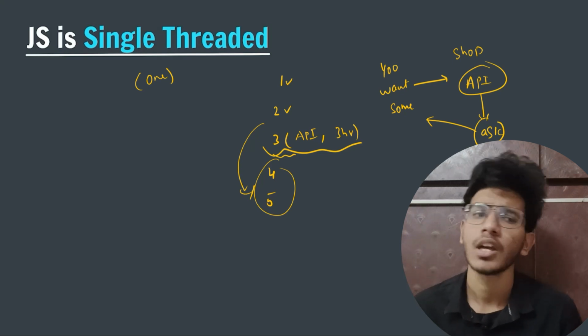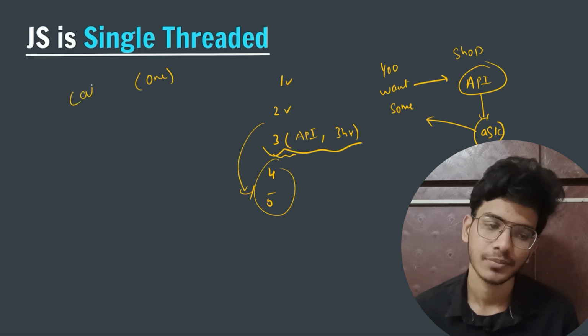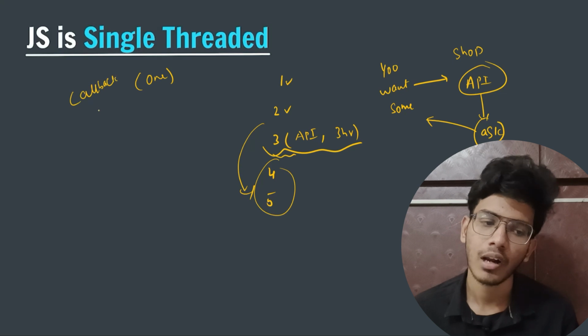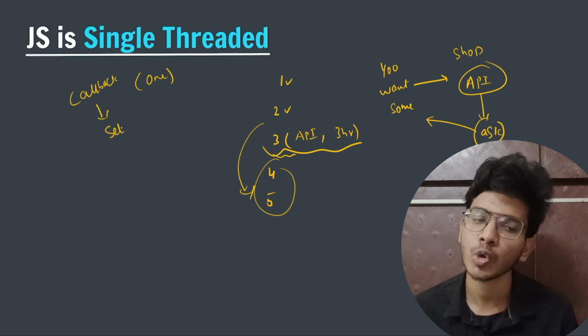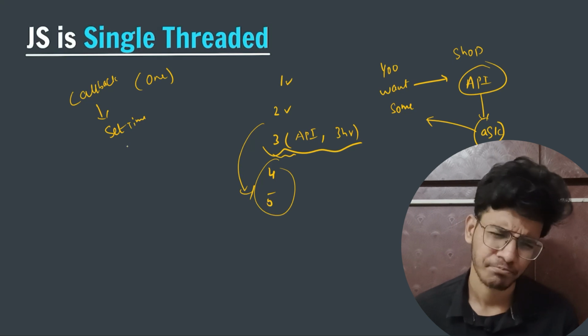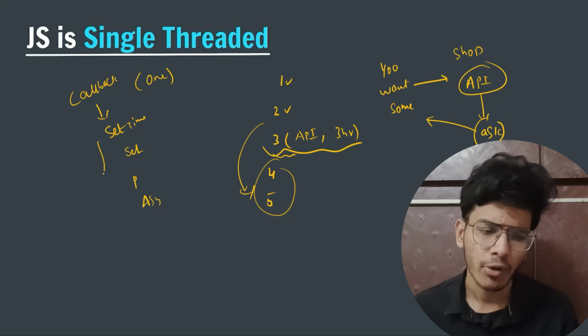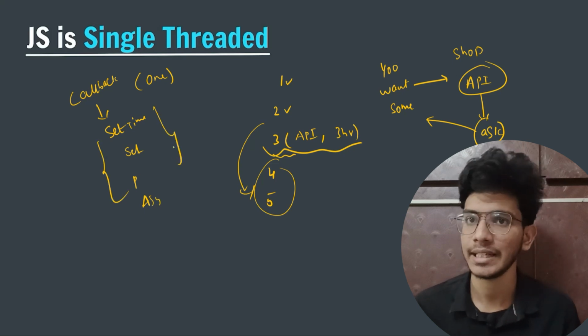How can we do that? We can do that using the concept of callbacks, like setTimeout, callbacks like setInterval, promises, async and await functions. We will study each of them in detail in a few minutes.